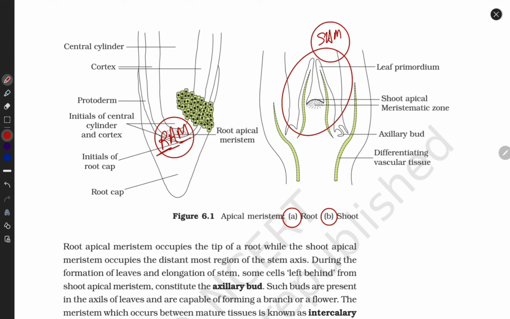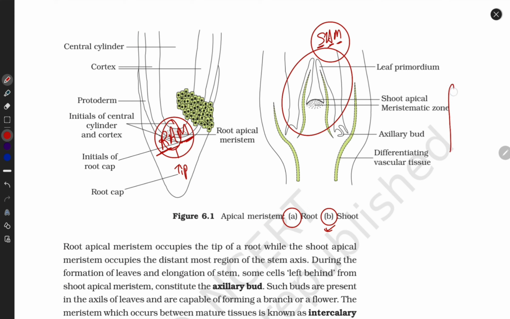Root apical meristem: root means they are present in the root parts, apical means they are present on the tip part, meristematic means they divide. And shoot apical meristem: they are present at the tip part of the shoot, the top part of the shoot, and meristematic means they divide.